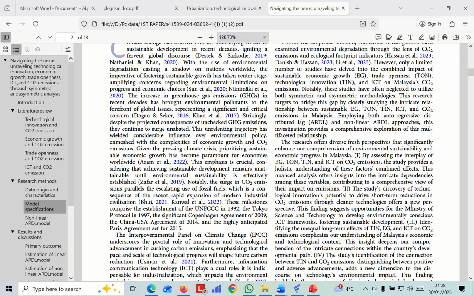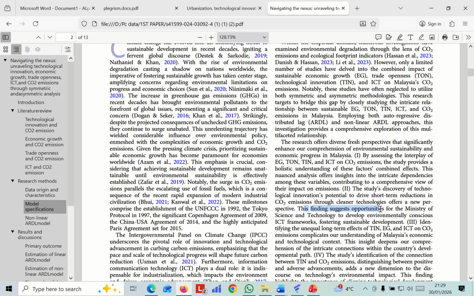Now, in the next step, finally, the author explains why this study is important, meaning the contribution of the study. They highlight the holistic analysis of multiple variables, the role of technological innovation in reducing emission, asymmetric long-run effects, policy insight for sustainable development, and practical recommendations for policymakers.